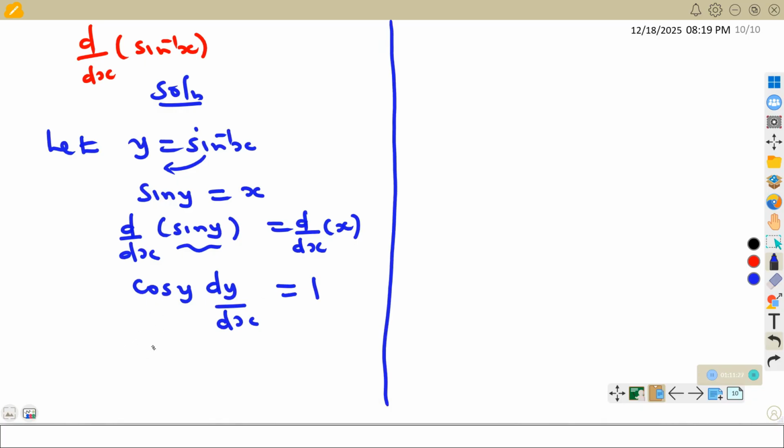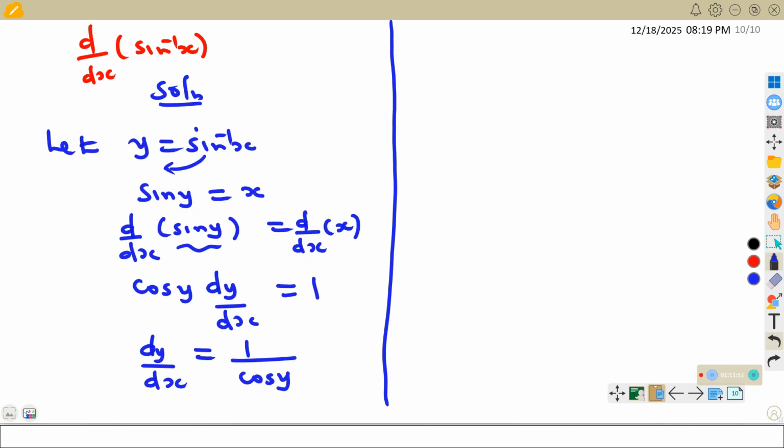Now, from this given point, dy dx, if I divide it through by cos of y, it will be 1 upon cos of y. So we are having dy dx as 1 upon cos of y. But I want to get cos of y in terms of sine because I have sine y as x. So I want to eliminate cos of y.